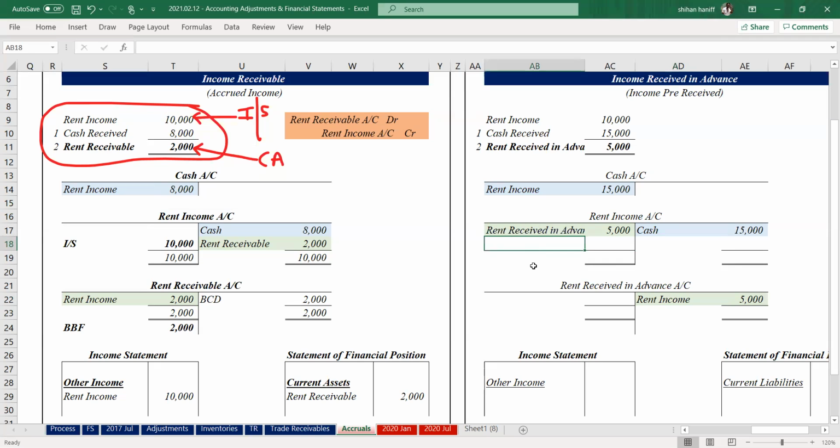Okay. So to the income statement, we transfer 10,000. Balance carried down, that is a liability, 5,000.